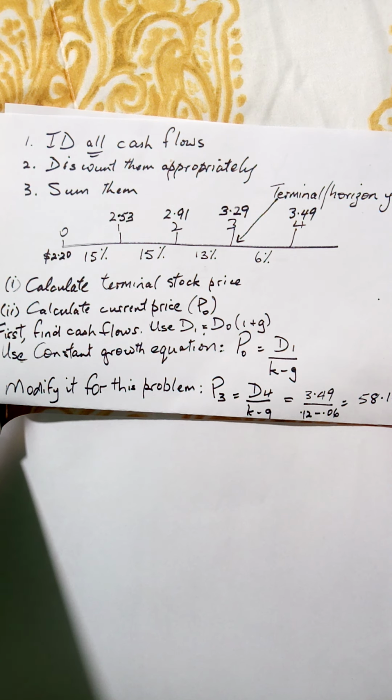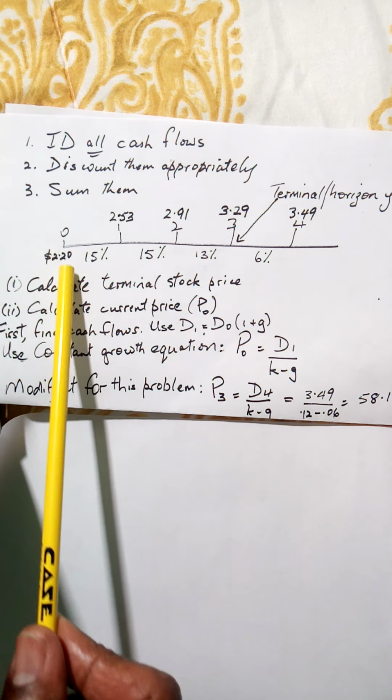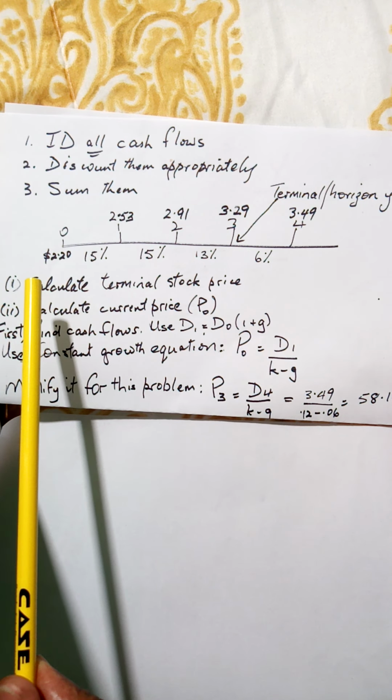That's D0. As we already know, D0 refers to the dividend already paid. Whether it was paid this morning or last year is irrelevant. As long as it has already been paid, it is D0, and here it is placed at time 0. That's the only cash flow we know.